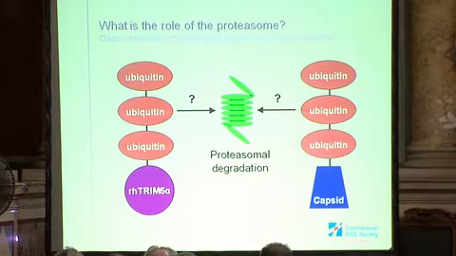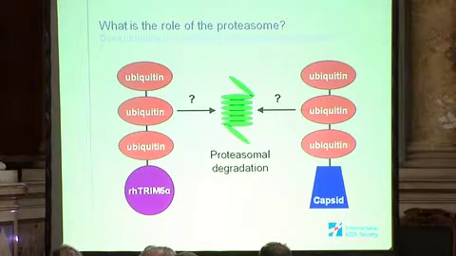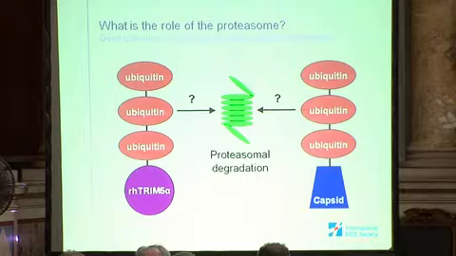So the fact that proteasome inhibition leads to this effect on reverse transcription, and additionally that ubiquitin does appear to be localized to these cytoplasmic bodies, leads to the question of what is the role of the proteasome? Is the ubiquitin that's localizing to cytoplasmic bodies signaling for the proteasome to come in and degrade a component of these cytoplasmic bodies, whether it be TRIM5 alpha, the capsid, or some other protein that localizes to these areas?